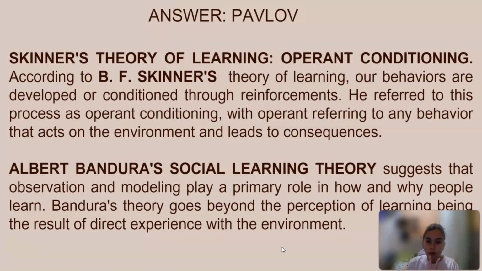So there are two reinforcements, according to him, or it comes in two forms: positive reinforcers and negative reinforcers. Positive reinforcers are favorable events or outcomes that are given to the individual after the desired behavior, which may come in the form of praise or rewards.